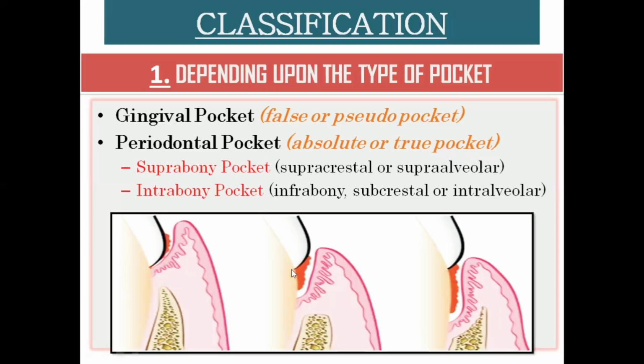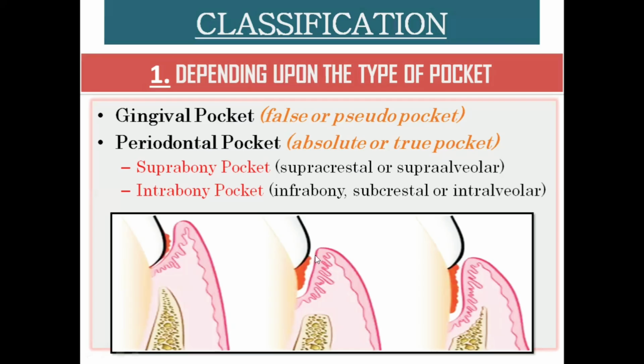That is, earlier the junctional epithelium level of attachment was here. Now the junctional epithelium has moved apically and it has reached a point more apical on the root surface, which has led to deepening of this gingival sulcus. And now it is called as a true pocket.